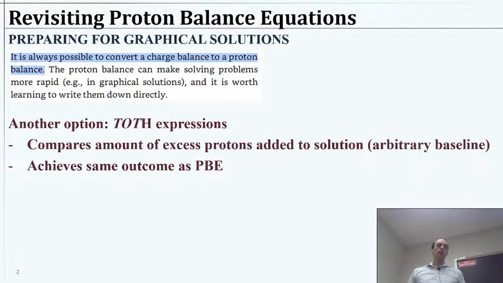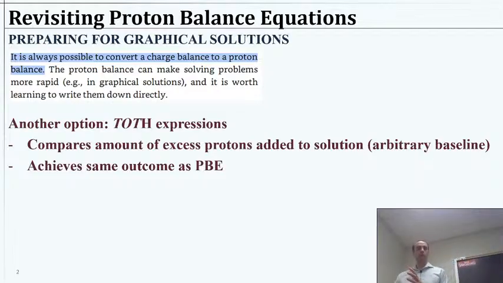The first being another way to express the proton balance kind of stuff, which is sometimes used as tot H. So total H, it's kind of a comparison of the amount of excess protons we've added. It's a bit intuitive, and so you'll see this in some chemistry contexts. I'm not too worried about it.